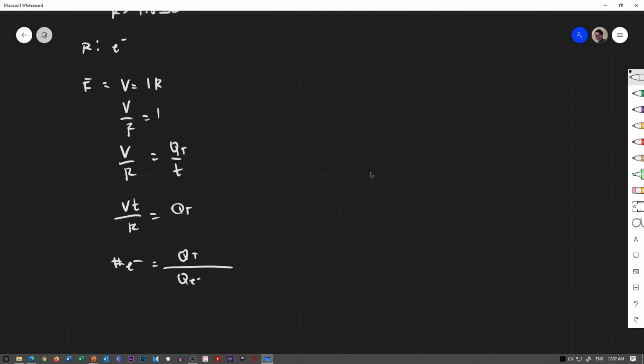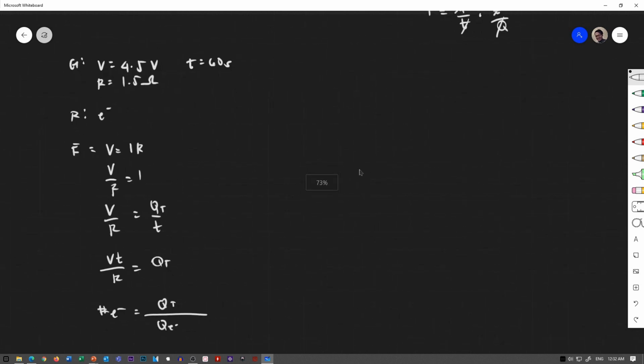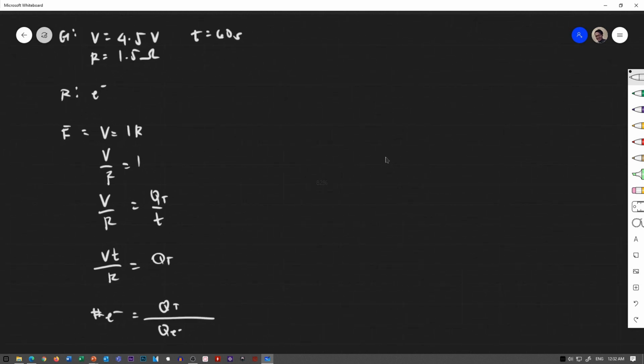Okay, so to show you the solution for that, you can rewrite it as this. So you have here, so that's Vt, so that's 4.5 volts multiplied by, wait, so rewrite this as Qt first.